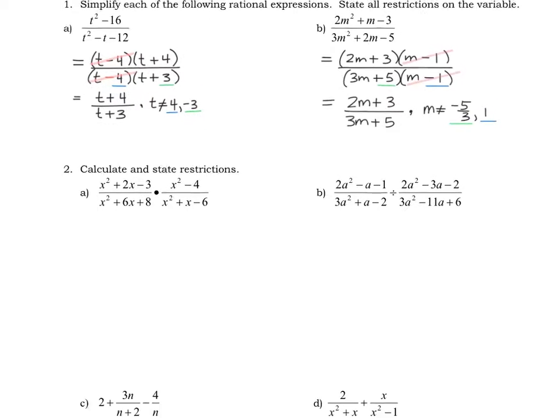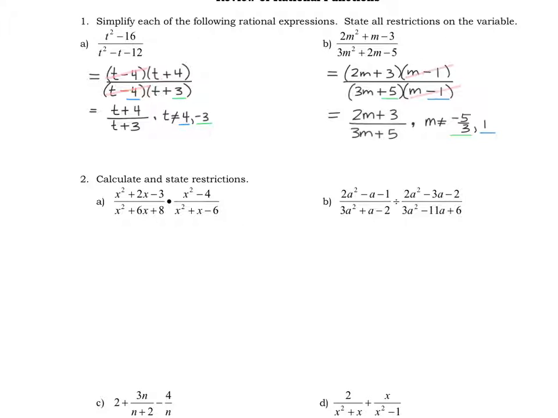Okay, let's move on to the next examples here. So now that we have an additional operation, we're going to essentially follow the same steps, but we need to throw in the additional operation of multiplication for this example. So we have x plus 3, x minus 1, divided by x plus 2, x plus 4.